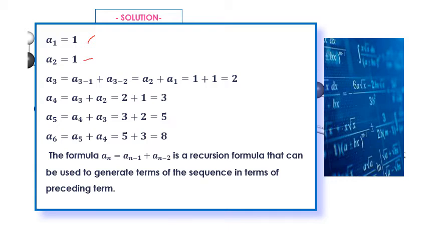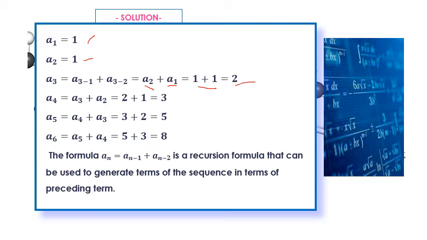So, a sub 3: since the formula has a sub n minus 1, we substitute the value of n for every n. So, 3 is our n. So, we have a sub 3 minus 1 plus a sub 3 minus 2. That is equal to a sub 2 plus a sub 1. Then, substitute the values of a sub 2 and a sub 1. A sub 2 and a sub 1 are both 1. So, 1 plus 1 is equal to 2.